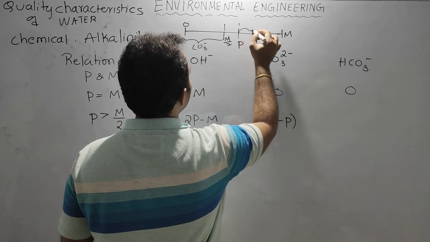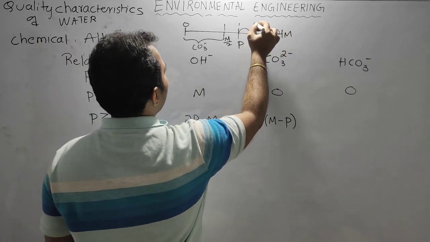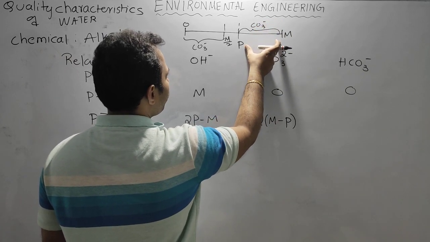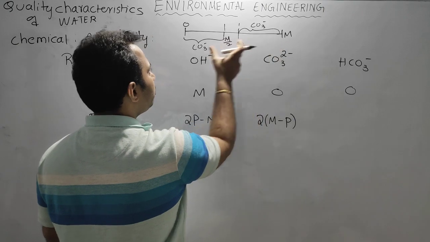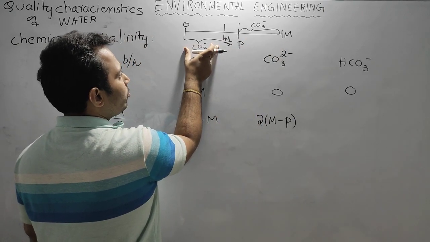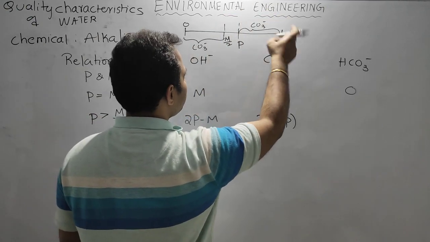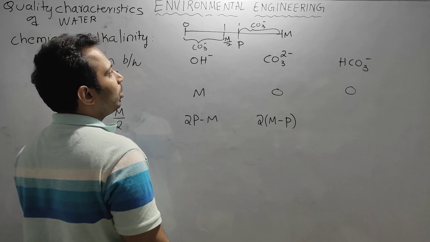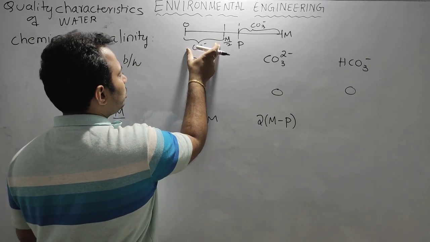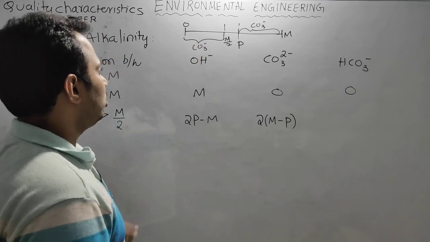So this is again CO3 2 minus, because I told you how much H plus is needed up to this point, that much is needed on this side also. So this is the dosage of CO3 2 minus.